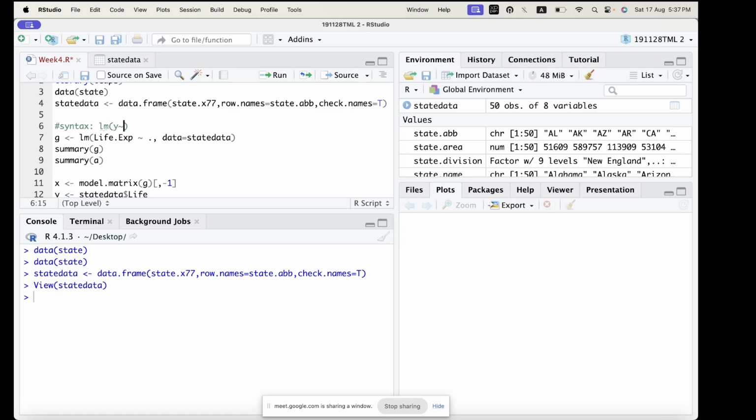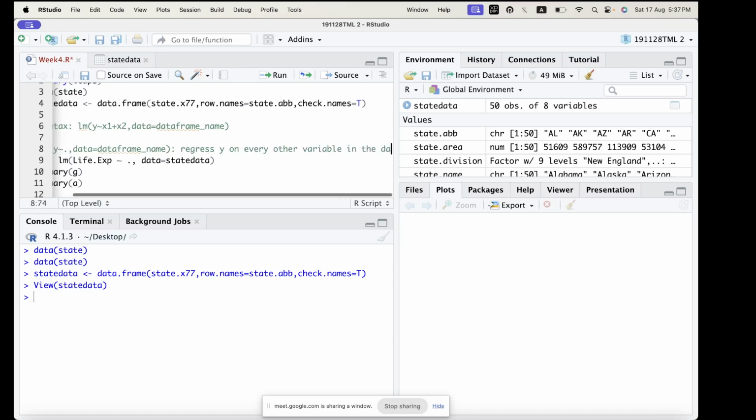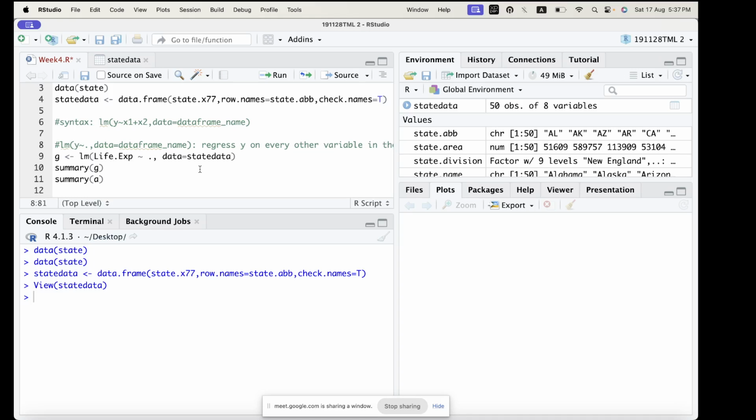We can specify the number of variables x1 plus x2. By default the intercept term will also be there. And we can mention the data equal to name of the data frame. All right, so this is the usual syntax. Now if we have something like this, dot, it means that regress y on every other variable in the data frame.